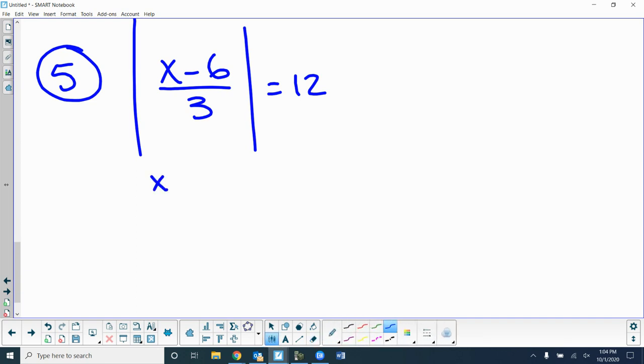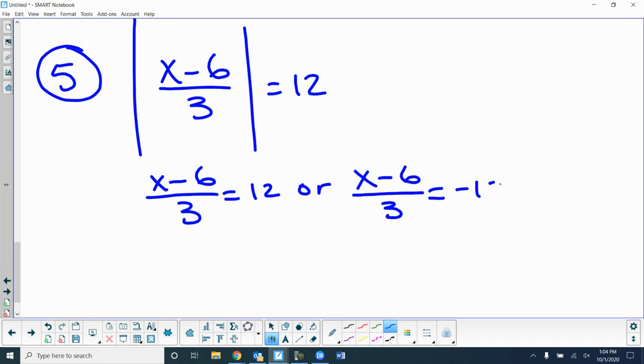So my 2 problems, x minus 6/3 is 12, or x minus 6/3 equals negative 12. So again, all I do is change the 12 to negative 12. Now I multiply by 3 both sides. So I get rid of that 3 in the denominator.